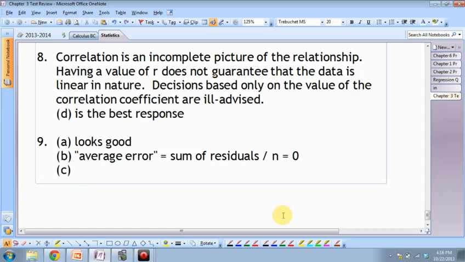C: A rating of 0 will yield a predicted raise of 1,400. Yes, this looks good too. The y-intercept is 1,400.